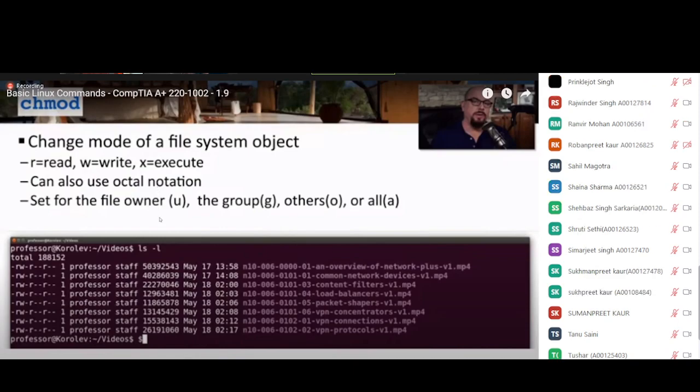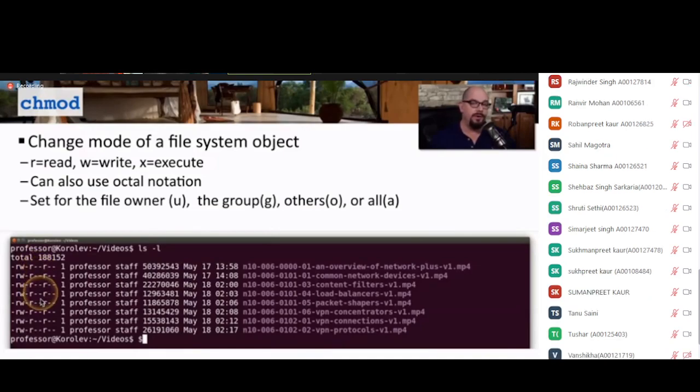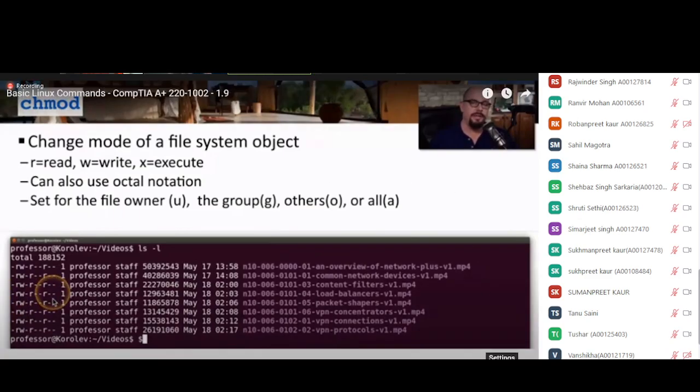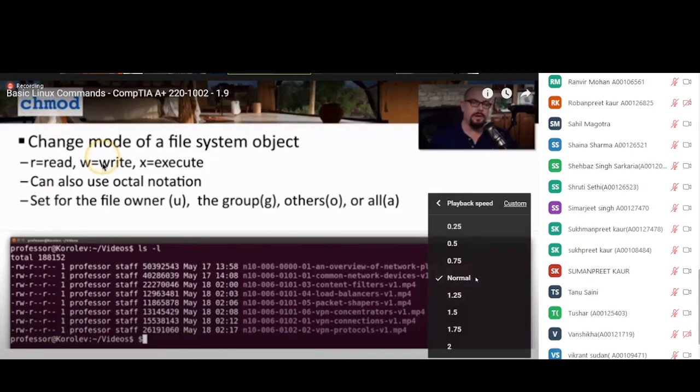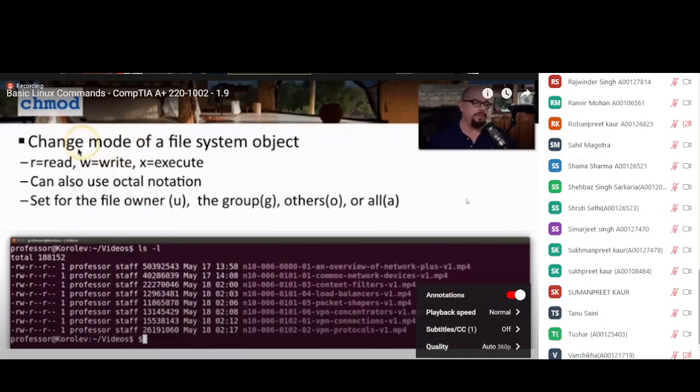Okay. So let's see this video. We were able to see the file permissions area of that particular command. It's over on the left-hand side, and it's a series of R's, W's, X's, and they're all in a particular order on the screen. These are referring to the mode of these particular objects, these objects being files on our system, and the R, the W, and the X are associated with read permissions, write permissions, and execute permissions.